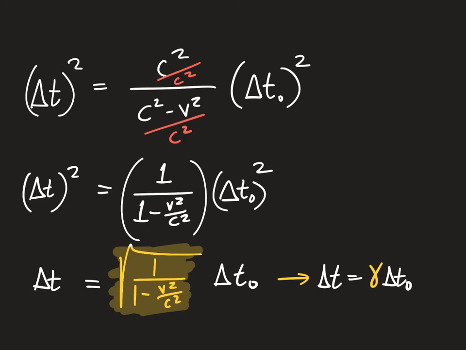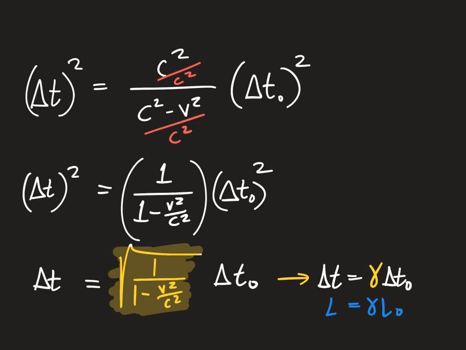But that's the thing. If we continued and redid it for another example, we would get a change in distance, or length rather. Actually, let me be careful. We would find that length would be gamma times the initial length.